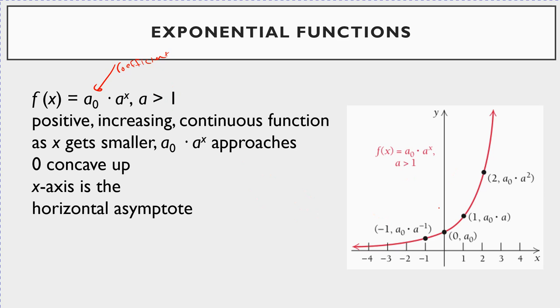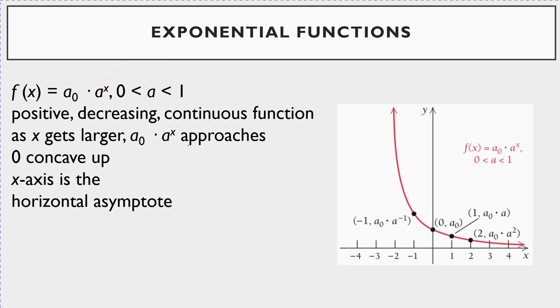As x gets smaller, negative, like -1, -2, -3, and so on, this approaches 0. So the graph will have a horizontal asymptote at the x-axis for negative values. And then as x gets larger, positive, the graph shoots up like this. I'm going to do two examples so you'll see.